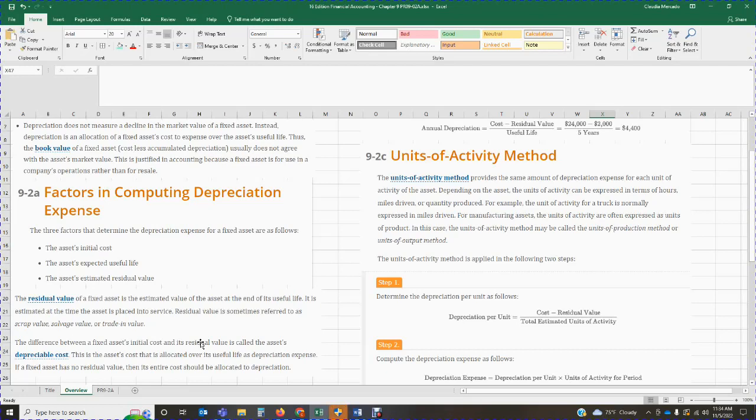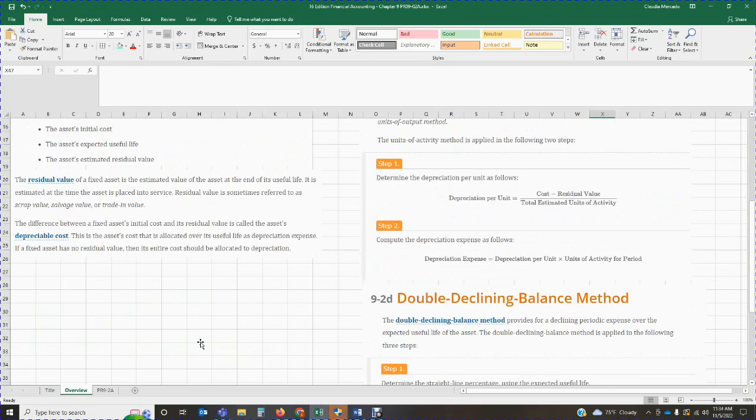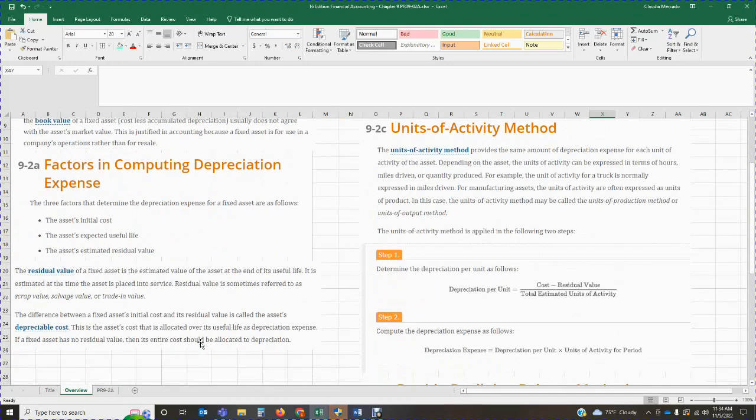So they give you an example that usually for a truck, the driver in depreciation is going to be the miles driven. For manufacturing assets, those maquiladoras that have those big machines, usually the units of activity are expressed as units of product. So there's 2 steps associated with determining the depreciation for units of activity.